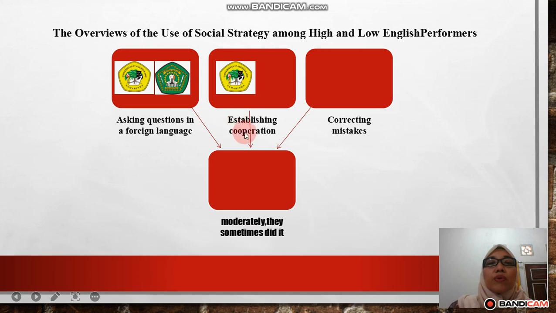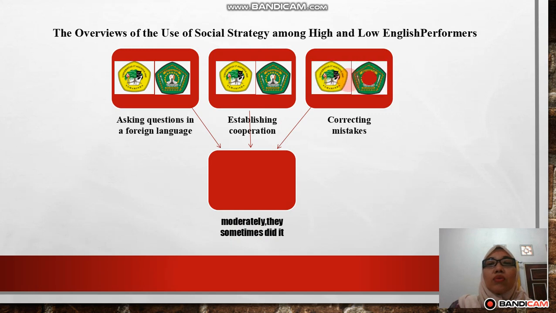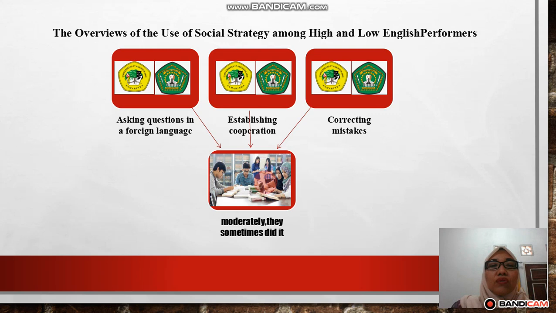In establishing cooperation, students from Untag and Unmul are moderate. They sometimes did it. And in correcting mistakes, students from Untag and Unmul are moderate. They sometimes did it. So all of the 3 kinds of activities are moderate.